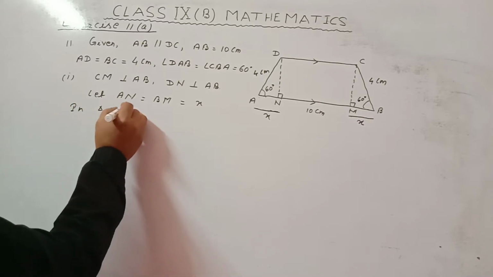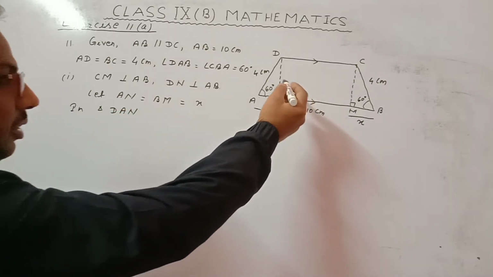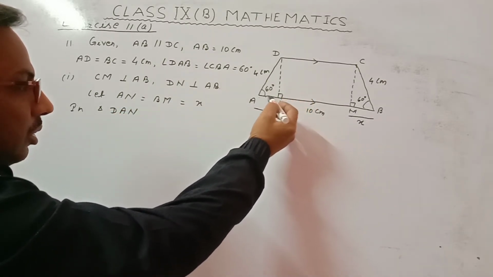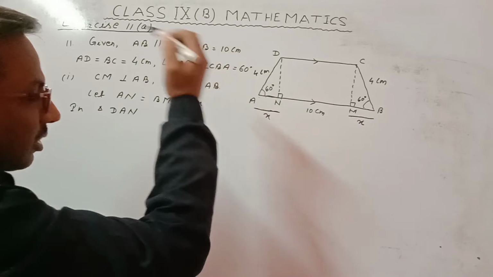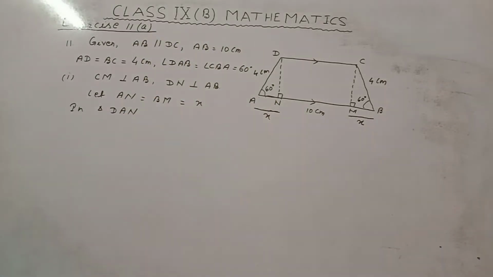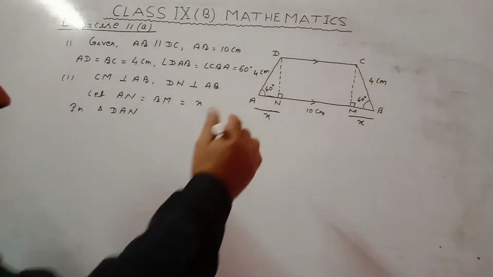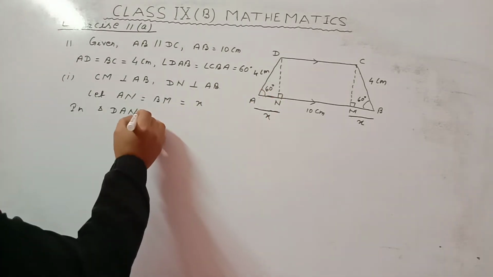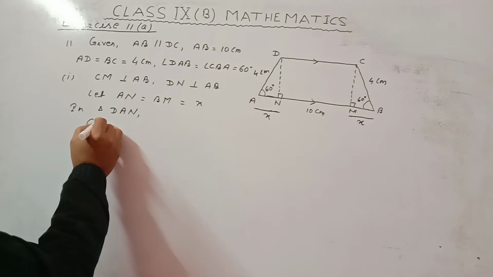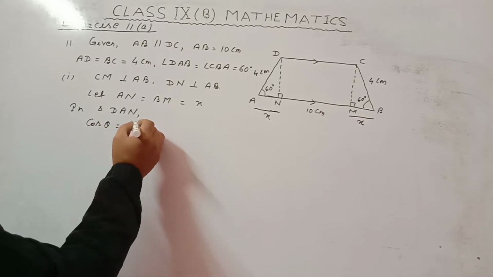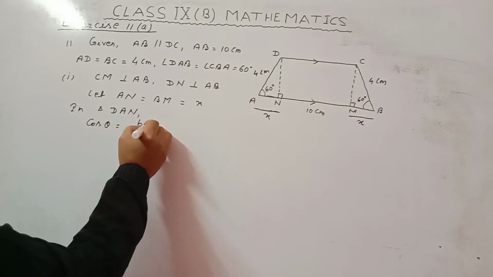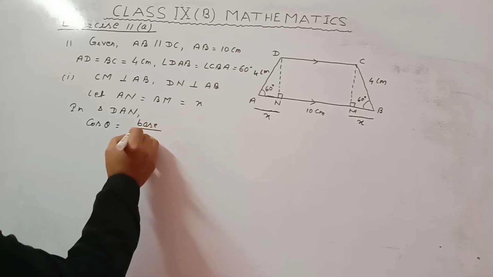Now you come in triangle DAN to find this value of X. Now here we will use the properties of identities. We say cos theta equal to base by hypotenuse.